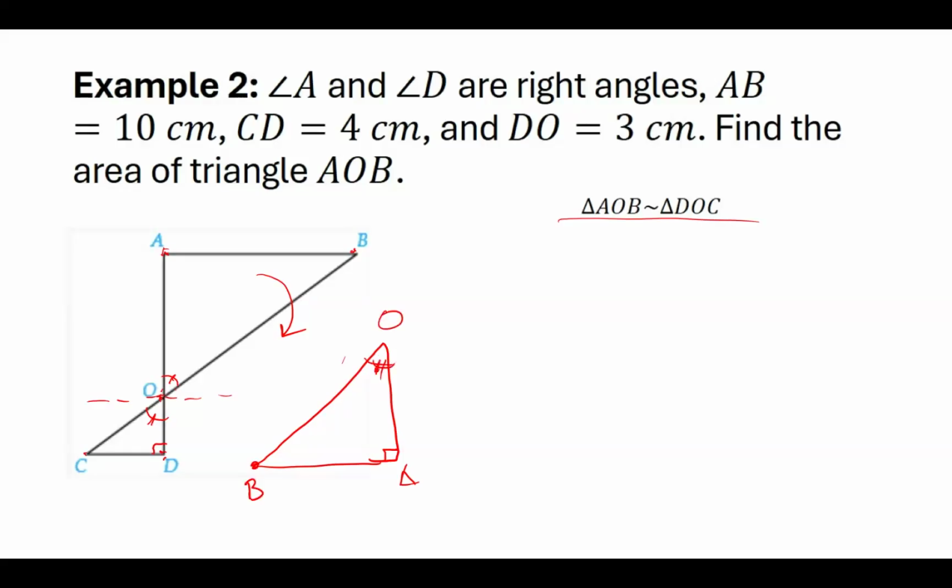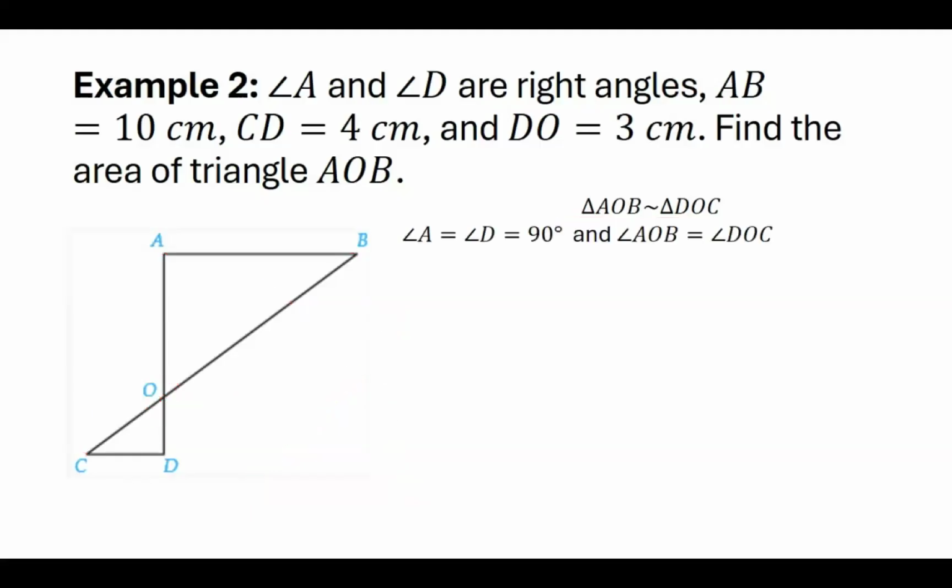And there, when I have them on the same orientation, if on the larger one I start with A and then I go to the top, O and B, then I need to match the same thing on the smaller one. So I will go with D, O, and then C. Now, once you have that, since the triangles are similar, we already established that they're similar because they have two angles that are equal.